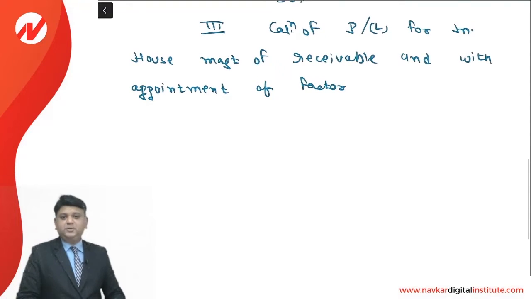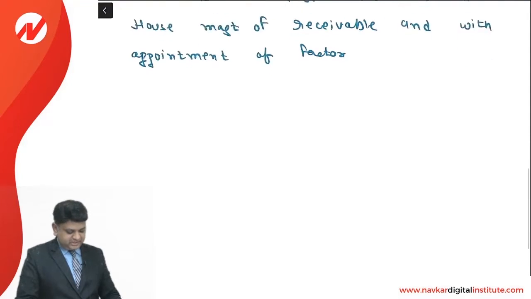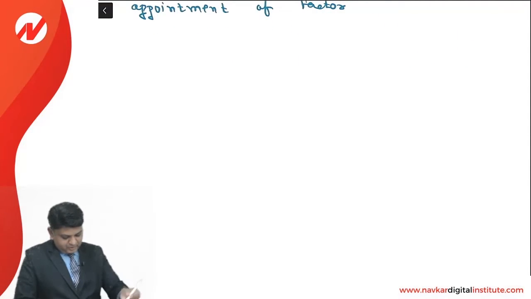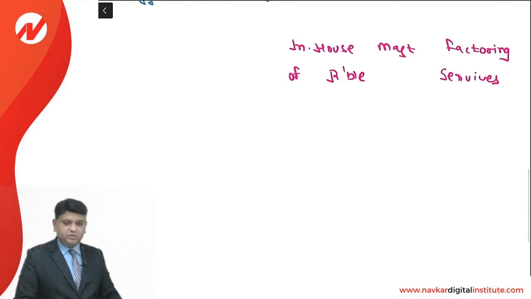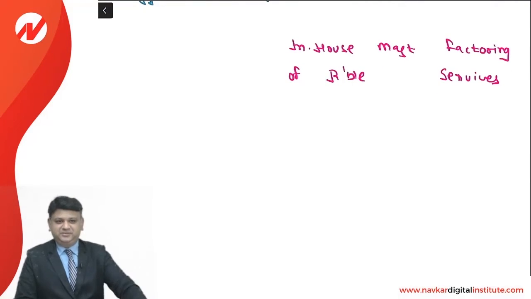And of course the option which is having higher profit will be selected. So it is in-house management of receivables and the other one is factoring services. We have to compare both of them for decision making.